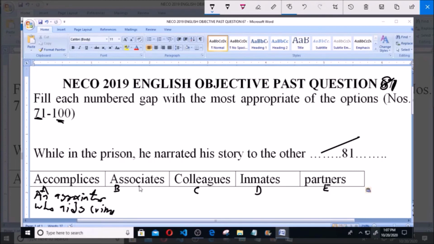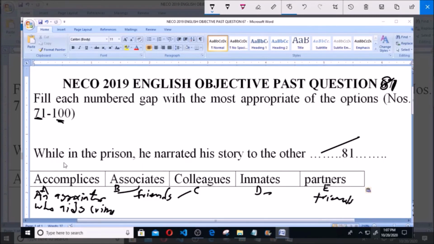The associate is almost the same as accomplice, although associates also have a different definition, friends. So colleagues is the same as friends. Then partner is also the same as friends. But inmate means people that one meets in the prison cell, or people who meet one in the prison.